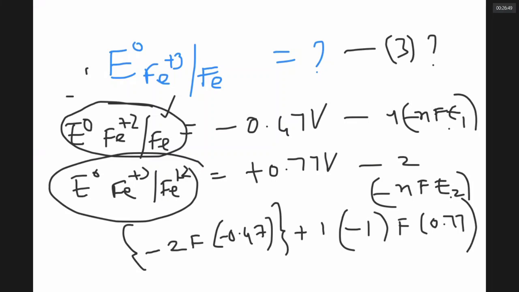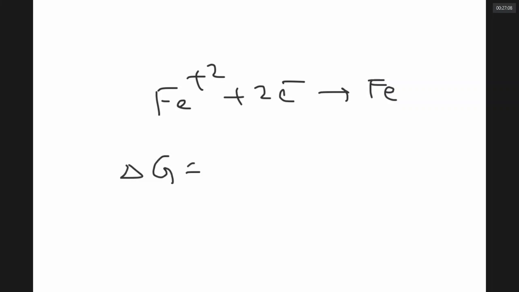Sir, here why did you take 2, sir? Here Fe2+ is gaining 2 electrons to become Fe. So the equation involved there is Fe2+ gaining 2 electrons to give Fe. In this case, delta G is equal to minus of nFE. Here this is equal to minus of 2 into Faraday into the E of Fe2+ by Fe given, minus 0.47.